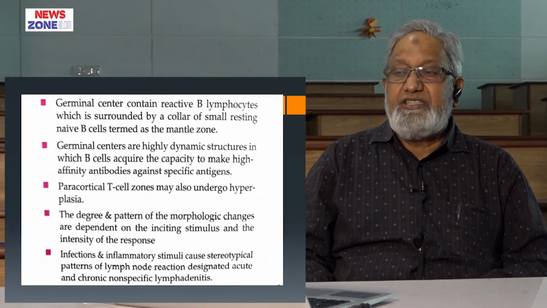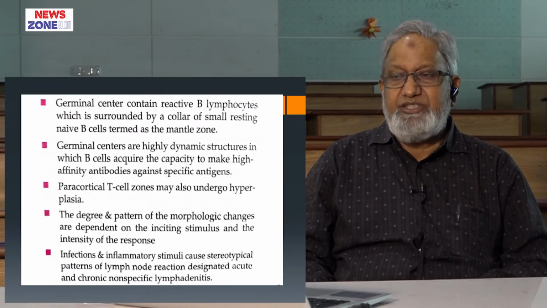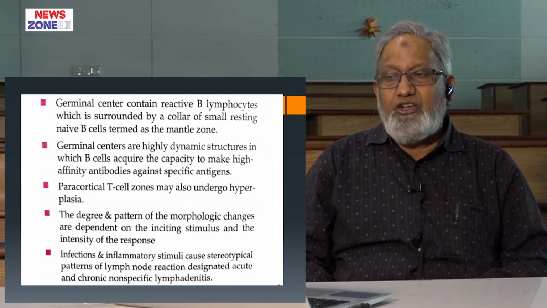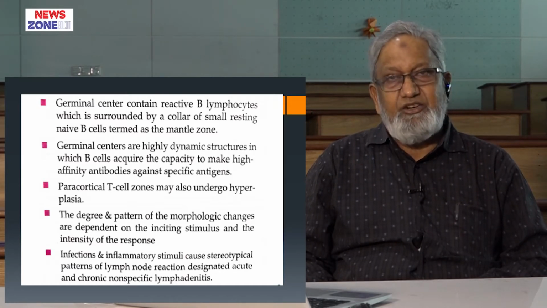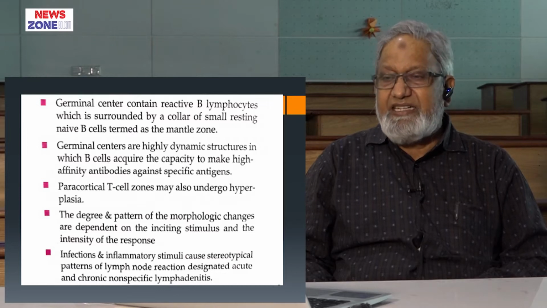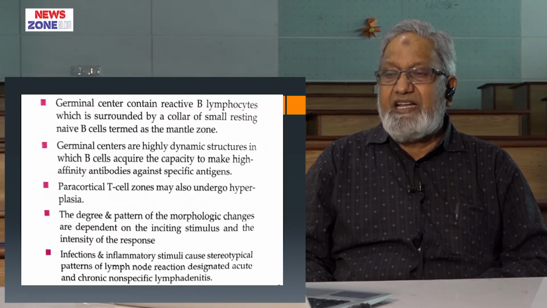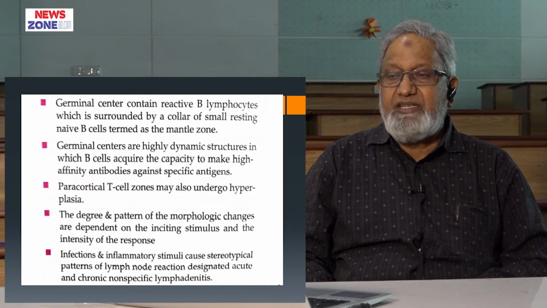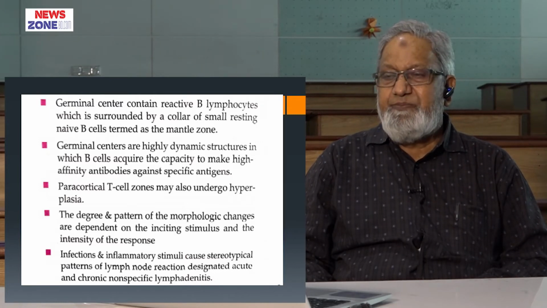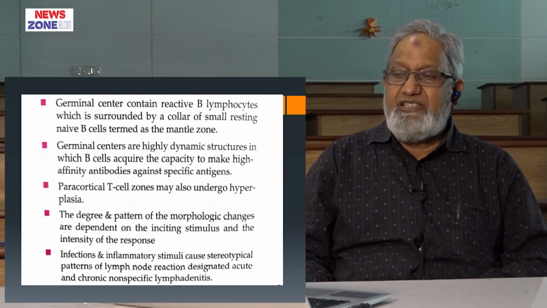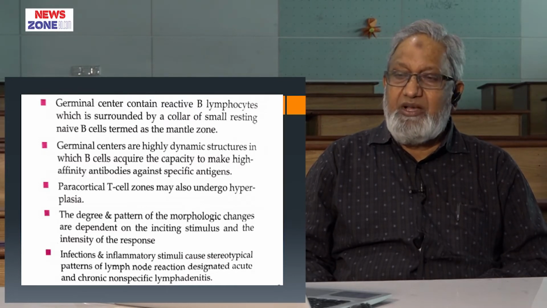The germinal center contains reactive B lymphocytes, surrounded by a collar of resting B cells termed the mantle zone. Germinal centers containing the reactive B cells are capable of producing antibodies against specific antigens, and paracortical T cell zones may also undergo hyperplasia.